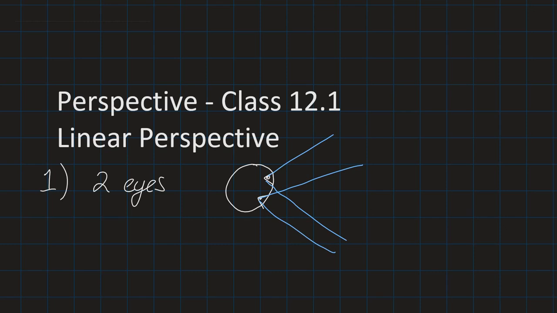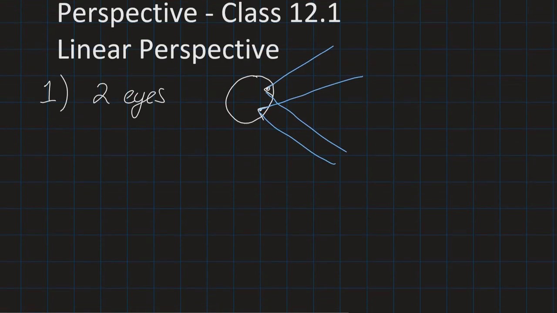But then your brain combines these two pictures into one. This isn't present in central projection, because in central projection we always assume that there is exactly one eye. But the difference between the two pictures your eyes see is very small. Your eyes are very close together on your head.